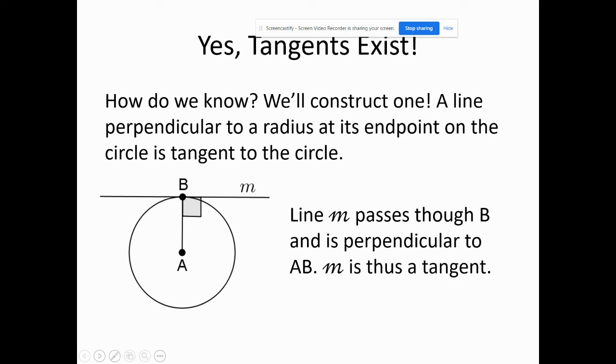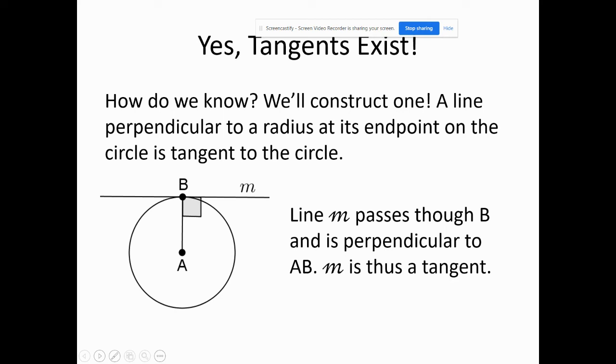Now, my contention is that this line M that was constructed as a perpendicular, it's a tangent, okay? That perpendicular to the radius through the radius's point of intersection with the circle must be a tangent. And what that means is that we have to prove that this line M intersects the circle precisely once, okay?